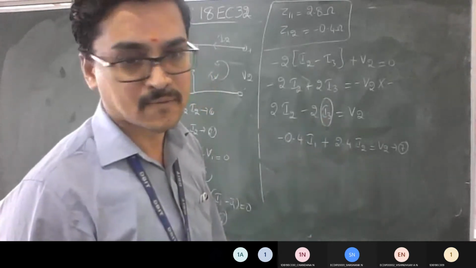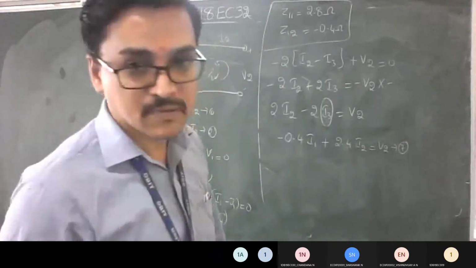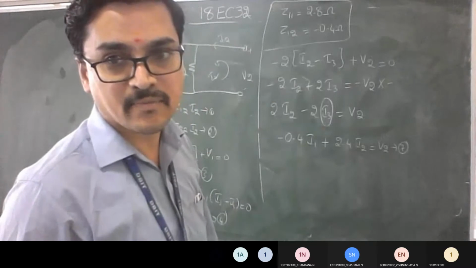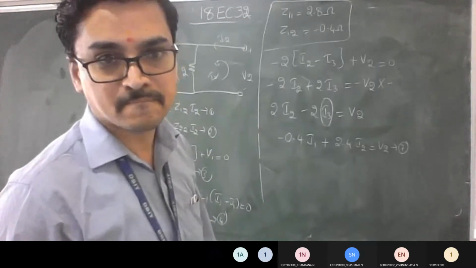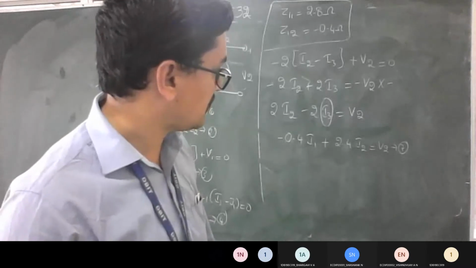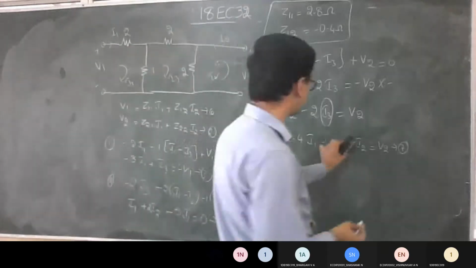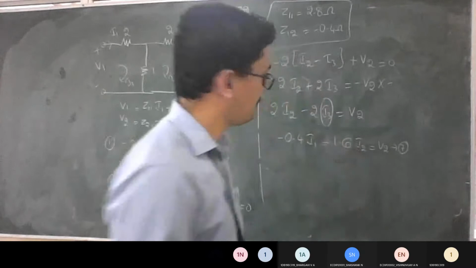Sir, it is correct now, sir. Minus 0.4 I1 plus 2.4 I2. Is it okay? Others? Bhargavi? Sir, I2 comes 1.6, sir, minus 1.6. I1 correct? Yes, I1 is correct. Minus 1.6. Is it correct, Ananya?